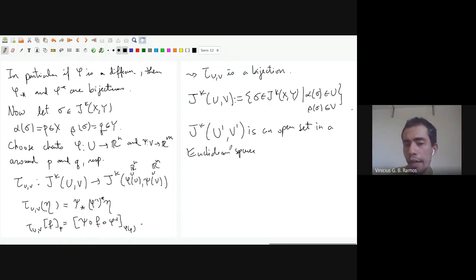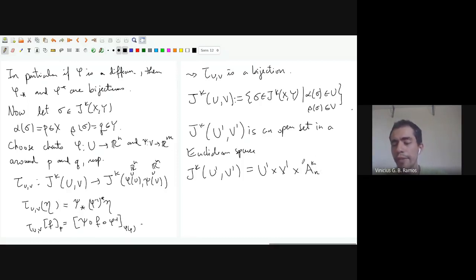Okay, and what kind of Euclidean space is this? I didn't quite finish doing this before. I only did it in the case where the target is R1, m equals 1. But what is it in general? There's a natural bijection, and you can basically just say equal because it's so natural, with U prime times V prime times the space of polynomials, but now you have a polynomial function onto Rm.